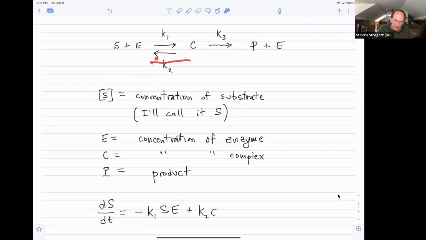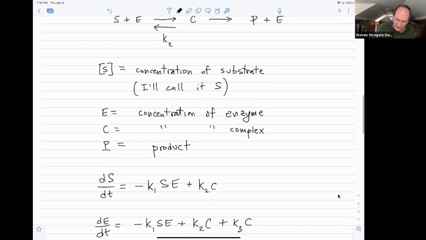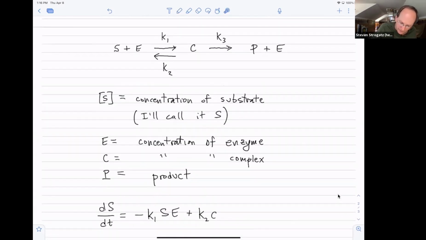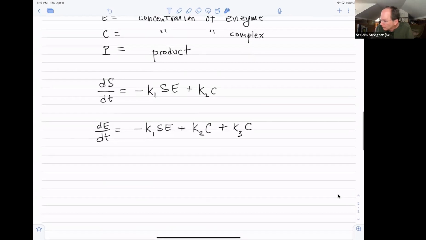That's up here. That happens at K2C, creates enzyme. And we can also go this other direction to release enzyme by going to the right. Right, that can generate enzyme from complex. So that happens at rate K3. All right, so that's that equation for rate of change of enzyme concentration.